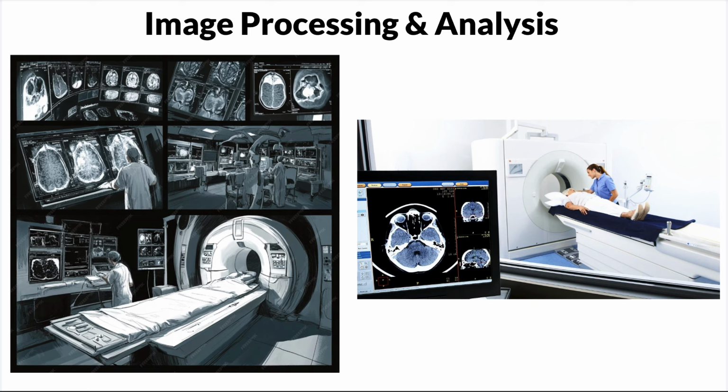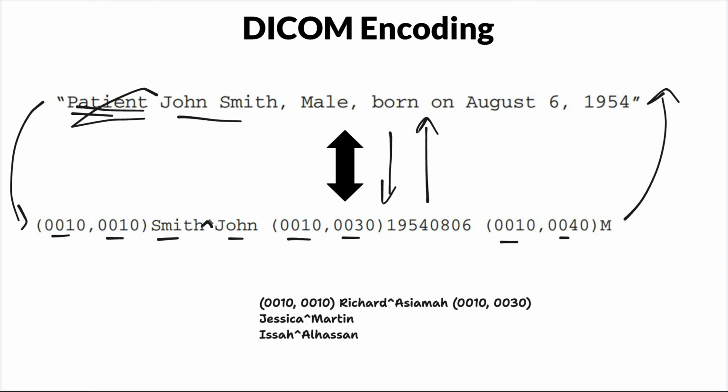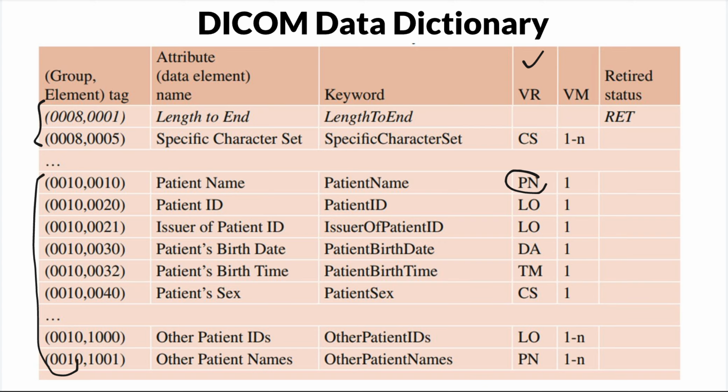The question I wanted to ask is with the tags, the group elements, 0010, 0020, are they constants? For example, 0020 is for patient ID. Anywhere you go that you see 0020 is for patient ID. Yes, it's constant throughout.